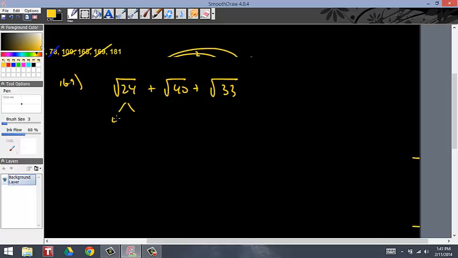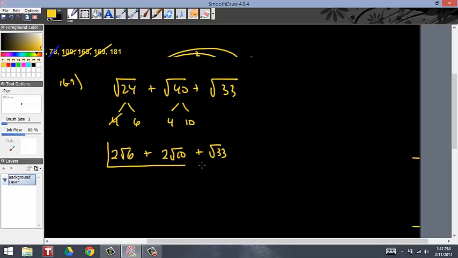Two numbers that multiply to 24 are 4 and 6. Two numbers that multiply to 40 are 4 and 10. And two numbers that multiply to 33, well, we don't really care because that can't be broken down. This is going to be 2 rad 6 plus 2 rad 10 plus rad 33, and that's as far as you can go with this problem. Odd problem, kind of funny.